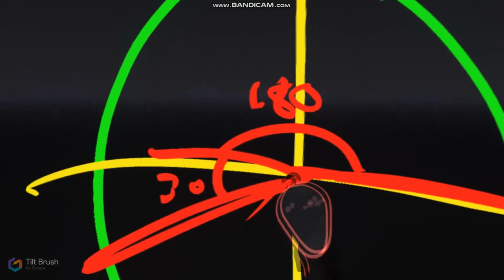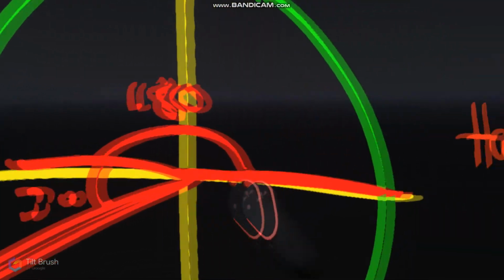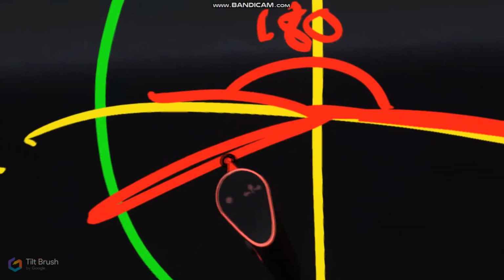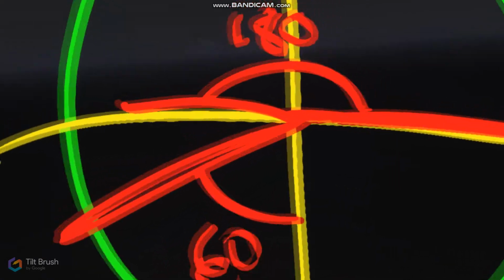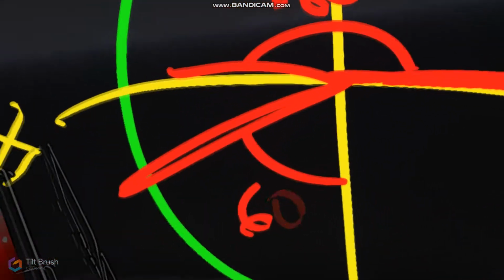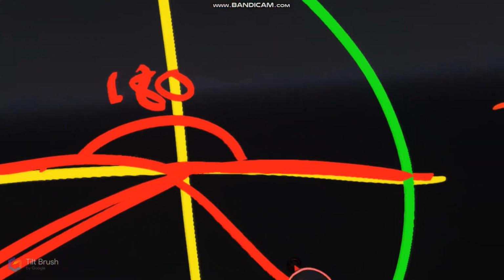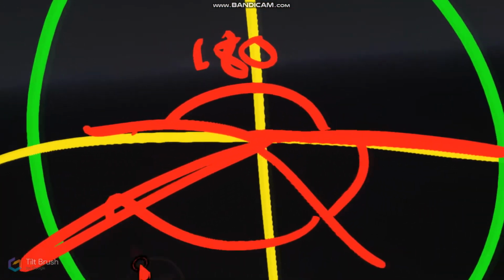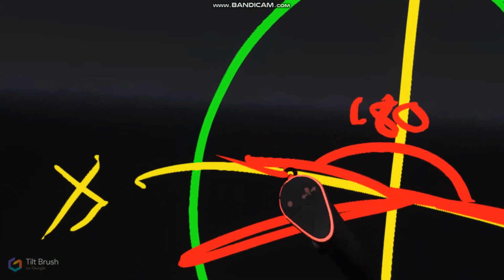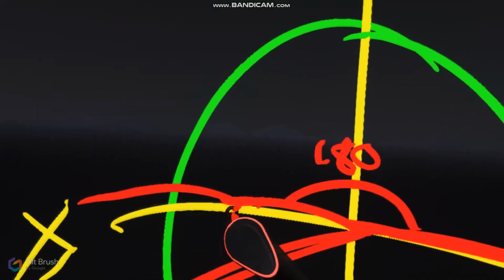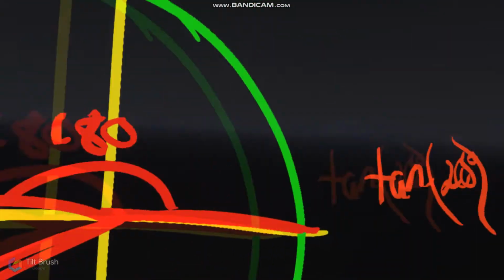You need to compare the extra to the x-axis, not the y-axis. That's important. So this is 30 degrees right here.